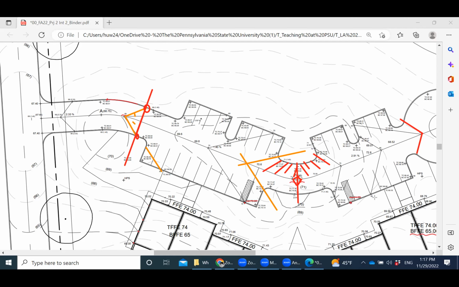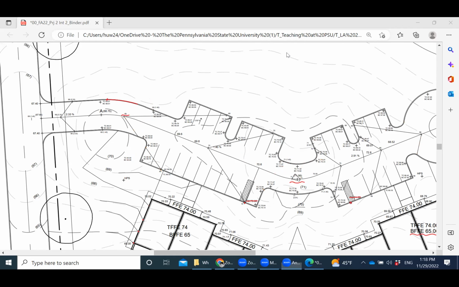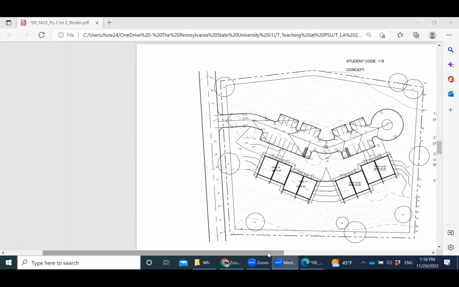So what you drew was not wrong. It just means the space, once you get to that transition area, twisted more severely than what I proposed as a more gradual transition there. Okay. Hopefully that's clear.